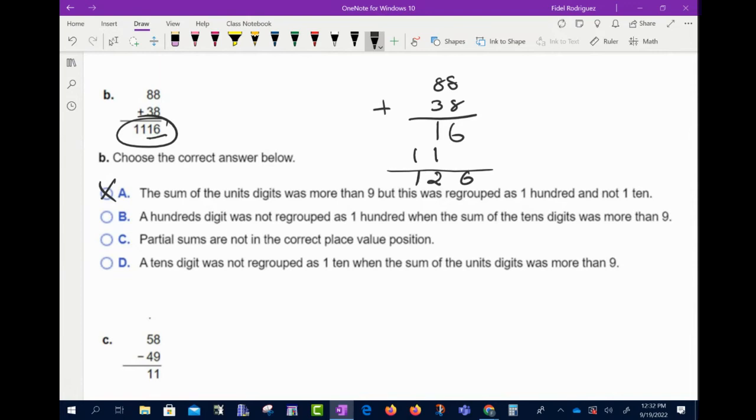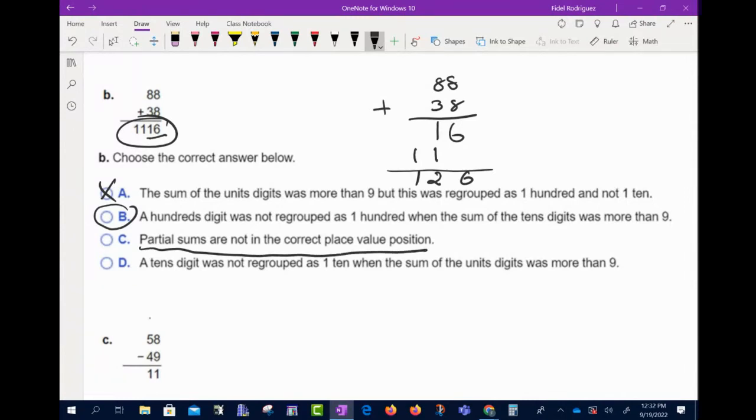A is not my choice. Okay, a hundreds digit was not regrouped as a 100 when the sum of those digits was more than 9. Probably it looks like it could be B, or it also looks like it could be what? C, right?